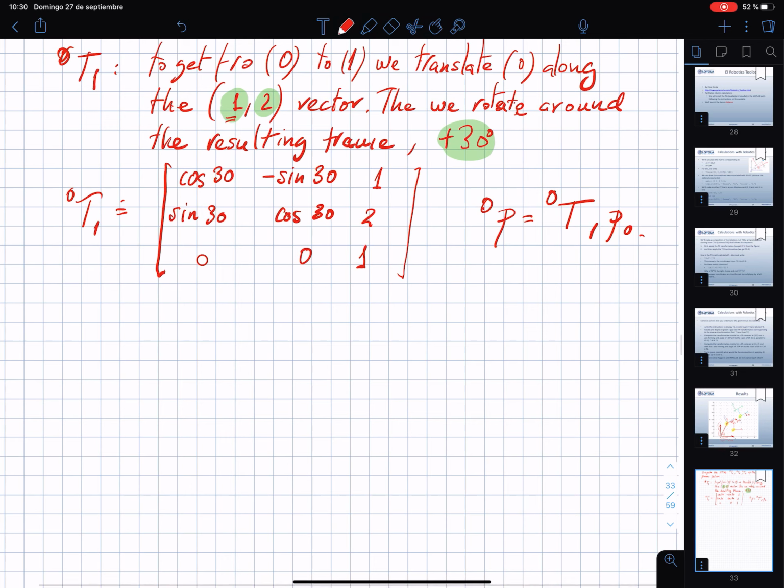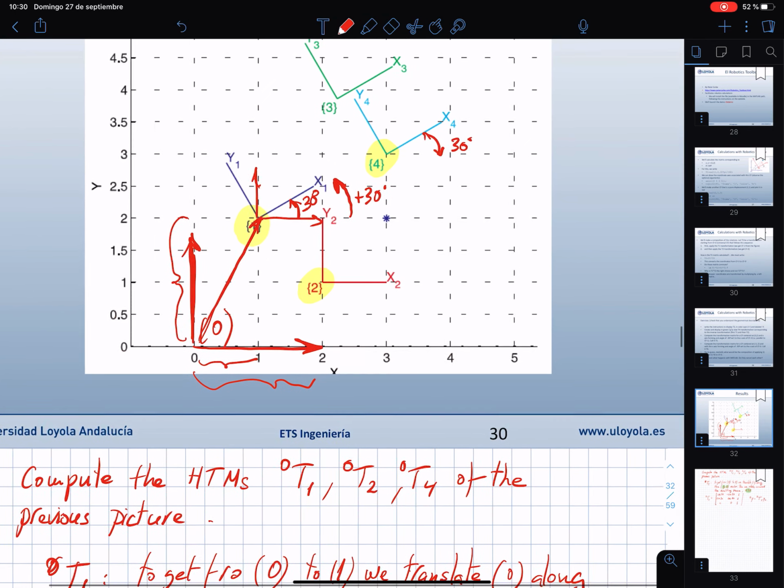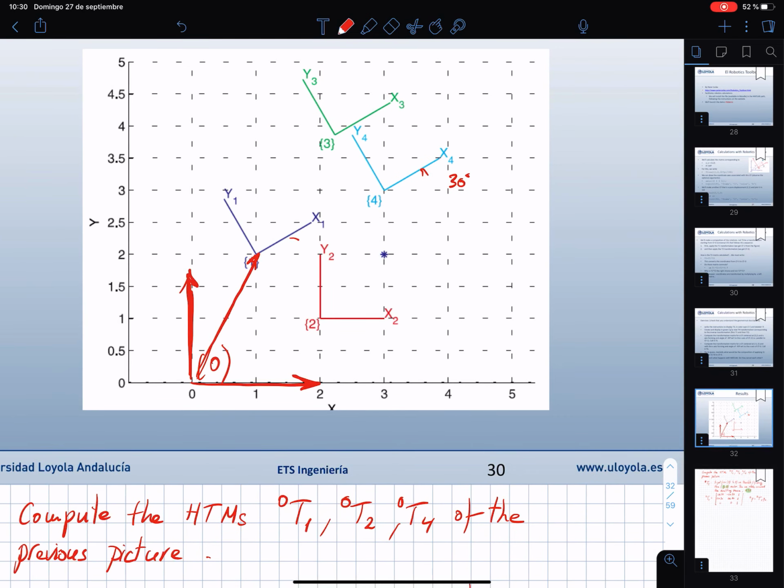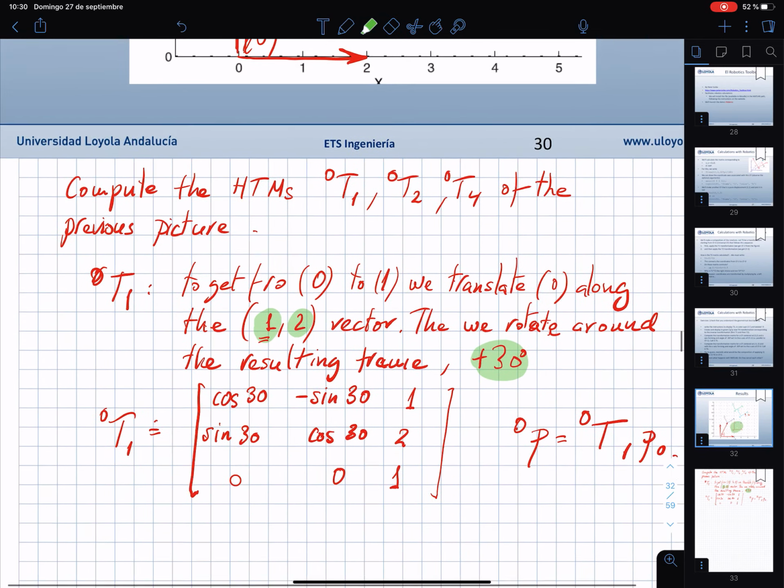Now, second question. We will erase unnecessary information from here. We still need this information, this being 30 degrees. And now we will focus on this coordinate frame. So what is 0T2?